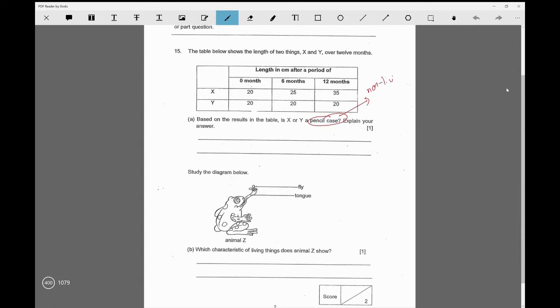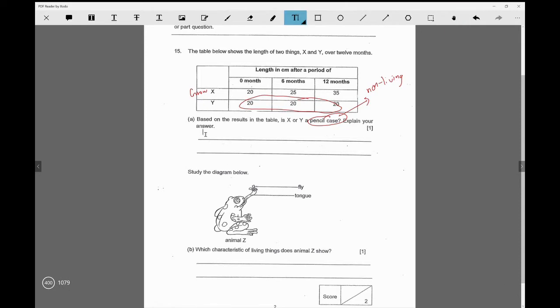It's not alive, so by right, it should not grow. If you look at X, it grew, right? From 20 to 25 and then 35. But Y did not grow, see, it stays as 20. So you can conclude that Y is the pencil case.